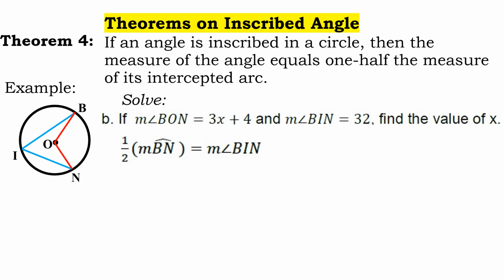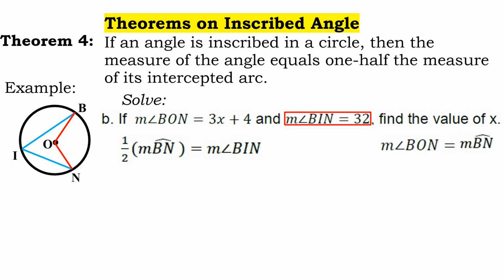Now, how will you find the measure of arc BN? Let us go first to the measure of angle BIN. In the given, the measure of angle BIN is equal to 32. To find the measure of arc BN, in the given, the measurement of angle BON is provided. And we know that angle BON is a central angle and its intercepted arc is arc BN.